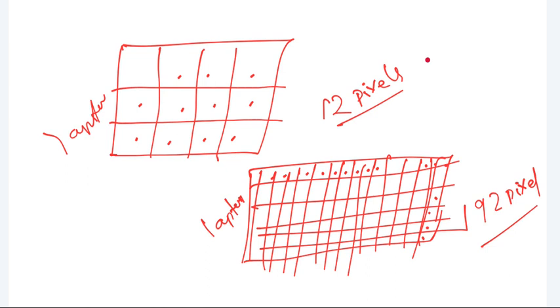Are you getting the reference? So basically the camera pixel size is larger in Apple, but in these Chinese phones, Oppo, Vivo, MI, their pixel size is smaller. The pixel size is very small.